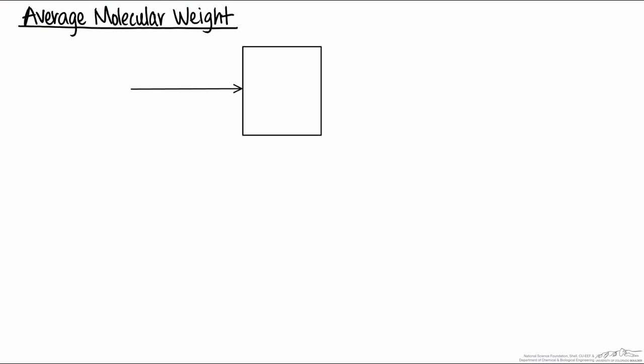When you have a mixture of two or more components, you will often have to calculate an average molecular weight for the mixture. The most common situation where you might need an average molecular weight is, for example, if you have a mixture of A and B coming into a unit, and the mixture is in moles, but the fractions of A and B are mass fractions.